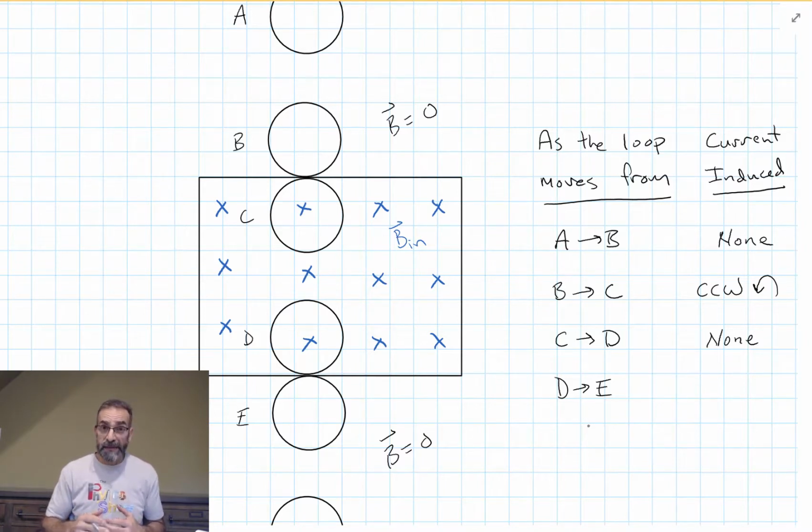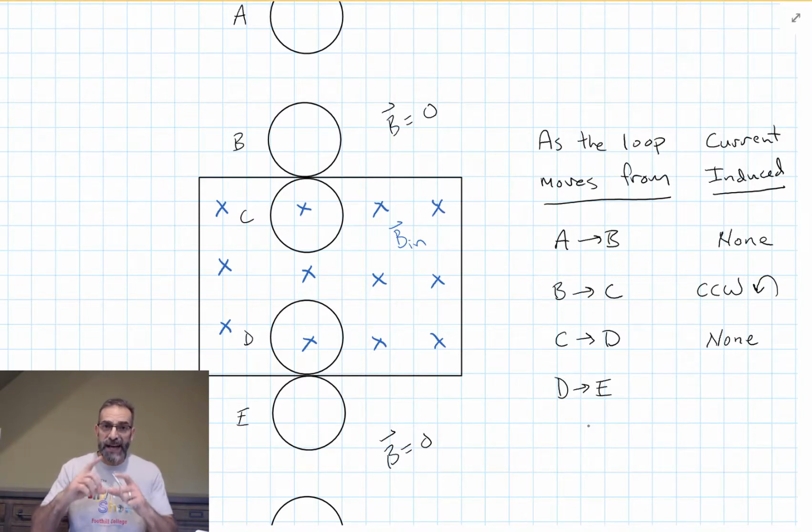So we have a changing magnetic flux. It was big and into the page at D. And at E, it's 0. So the current gets set up to try to get it back to where it was at D, big and into the page. So it adds its own magnetic flux into the page through the loop.